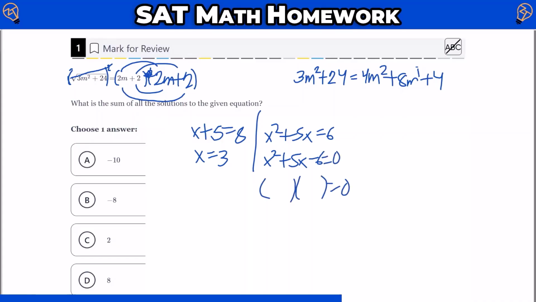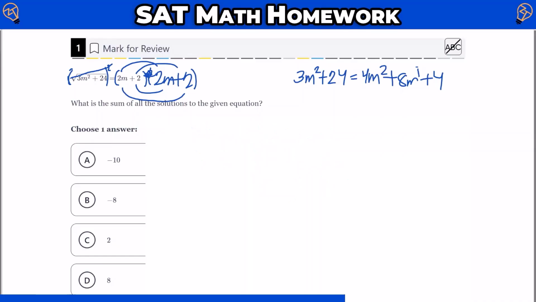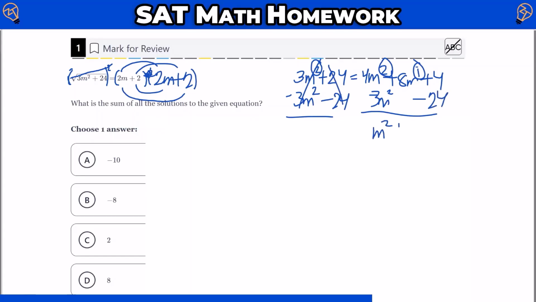So you always want to ask yourself, which of those two scenarios do you have? Well, in this case, we have more than one type of m because we have to the second power. We also have to the first power. So let's go ahead and get everything equal to 0. More specifically, I'm going to move everything to the right side to keep the leading coefficient positive. So I'll move the 3m squared by subtracting it. Same thing with the 24. And we end up getting m squared plus 8m minus 20 equal to 0.